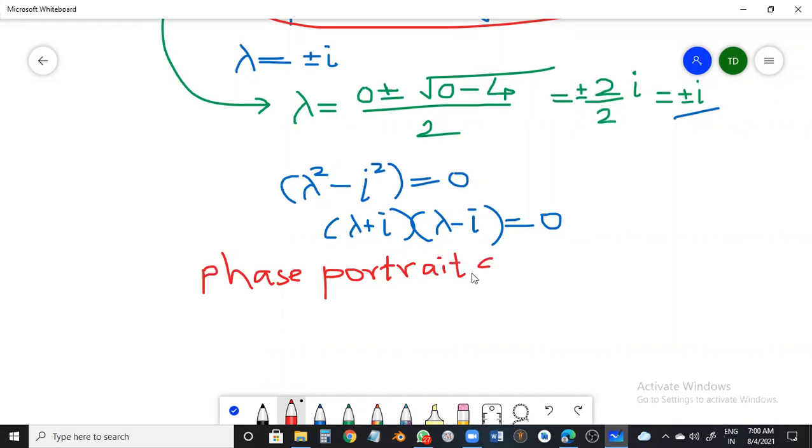These are the phase portraits. They are nothing but circles. Phase portraits are circles.